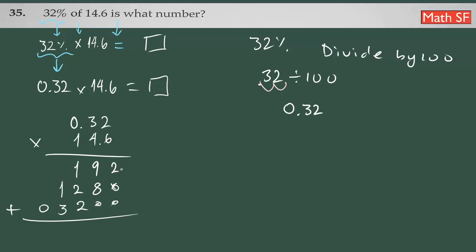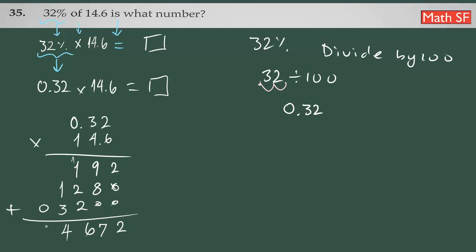So 2 becomes 2, 9 plus 8 is 17, carry a 1, 1 plus 1 is 2, plus 2 makes 4, plus 2 is 6, 1 plus 3 is 4.